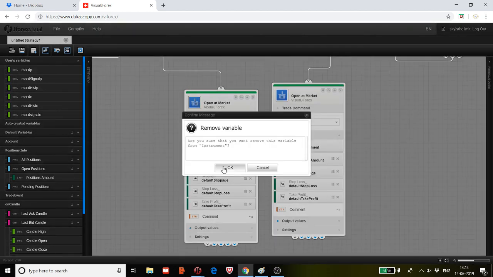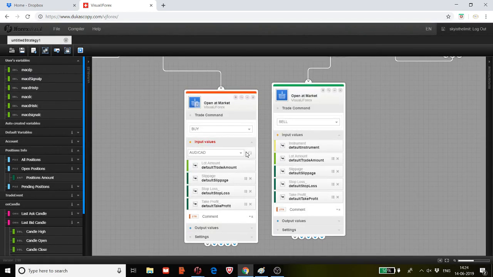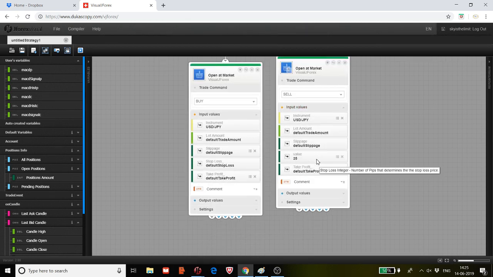So change it to USD JPY. Done. Stop loss 25, take profit 50. Yes. And trade amount as it is.